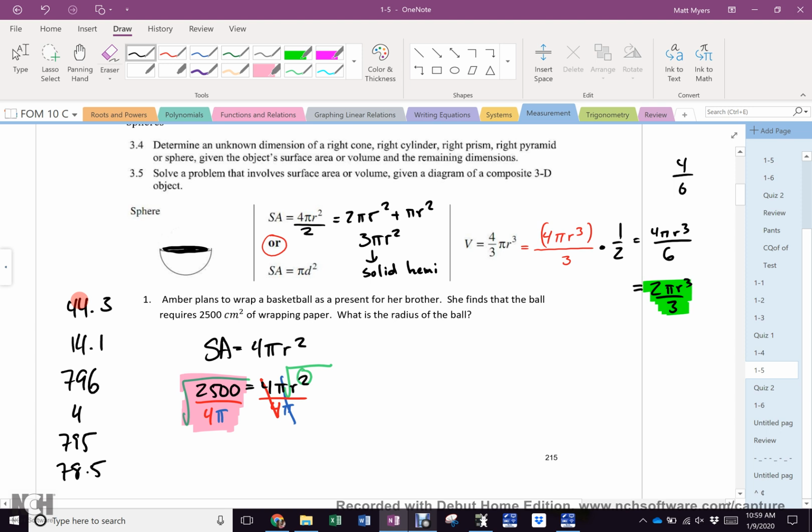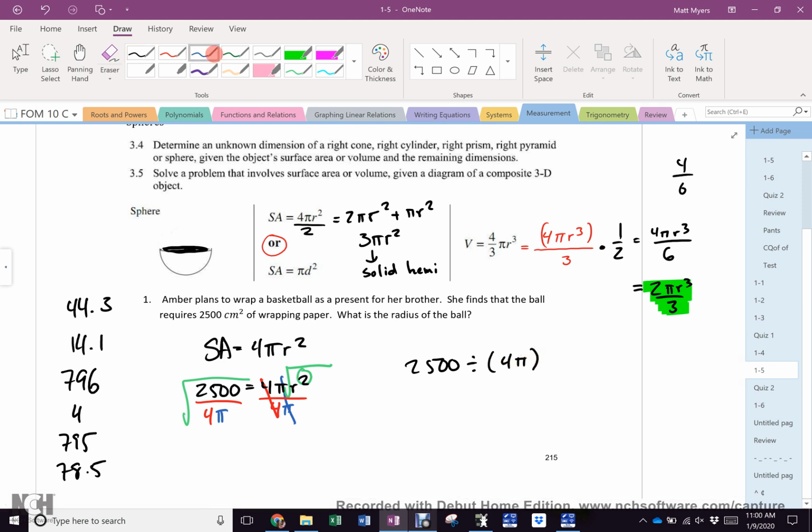Everyone did it differently because you don't actually know how your calculator works, yes? All right. What is that acronym that you learned in about grade 6 for how to do math? BEDMAS, right? What does this expression mean? It means 2,500 divided by, not by 4 pi, divided by 4 times pi.